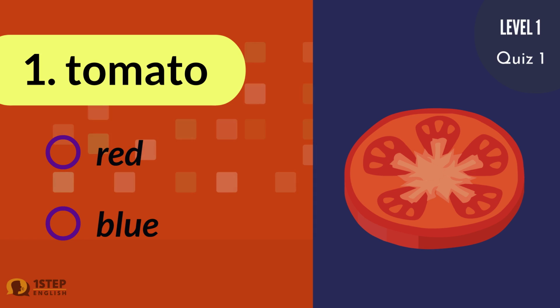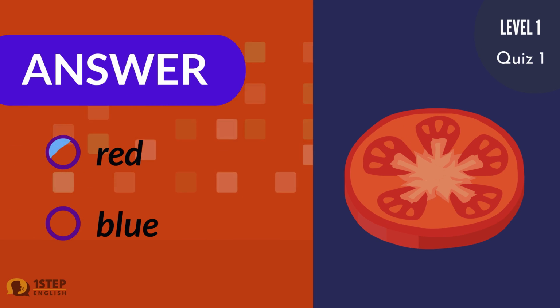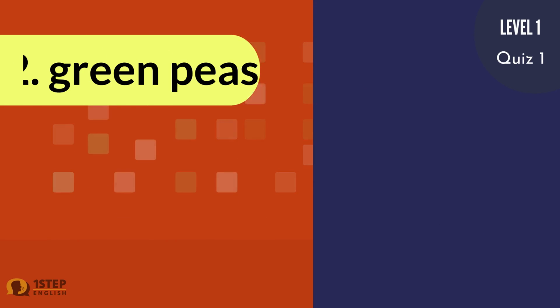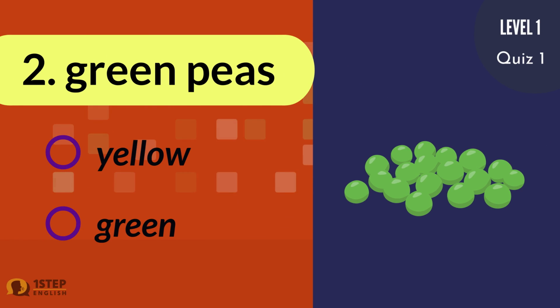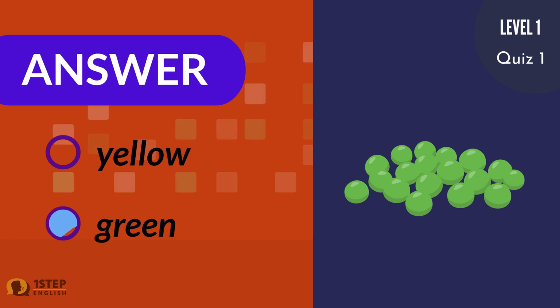Number 1. Tomato. The answer is color red. Number 2. Green peas. The answer is color green.